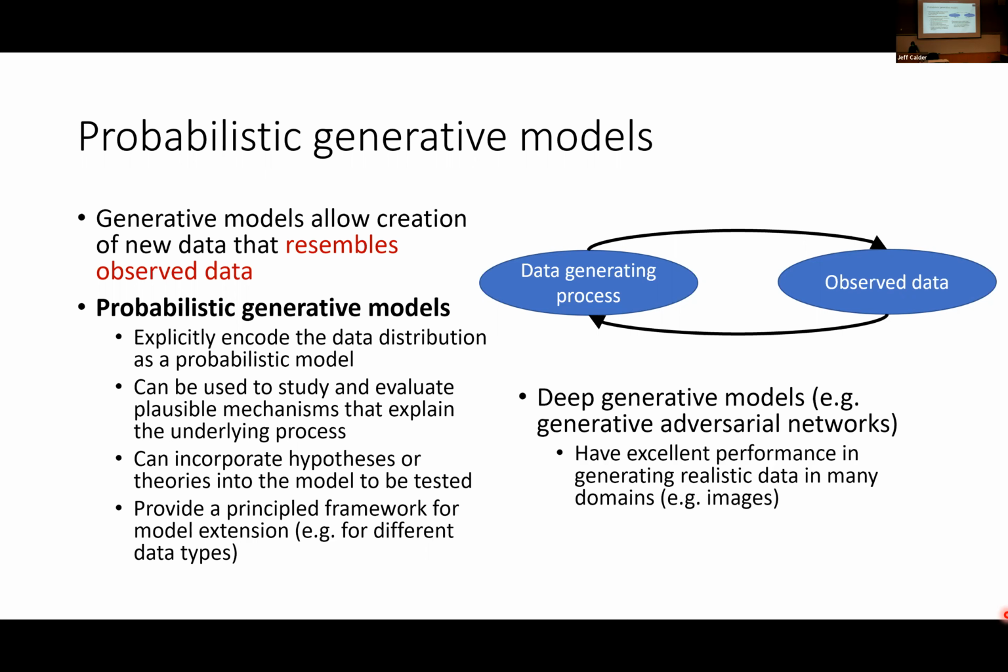The deep generative models usually have much better performance when it comes to generating realistic data in many domains, particularly with images and such. But they don't facilitate an understanding of the underlying process that generates the data. So a GAN is not at all trying to shed any light on what the underlying process you're modeling is. It's just trying to generate data that looks realistic, which is different from the kinds of generative models that I'm talking about today.